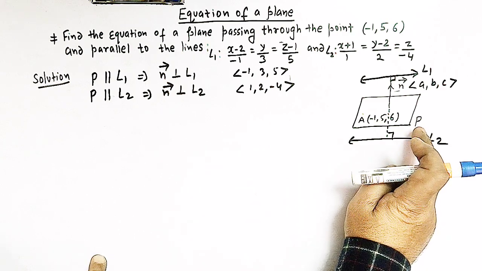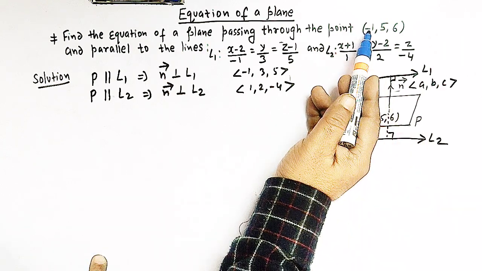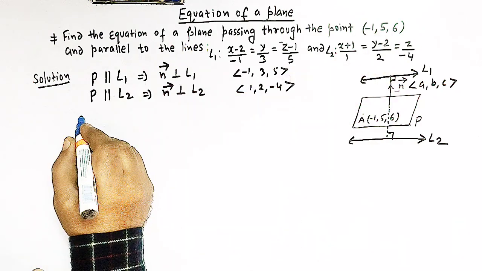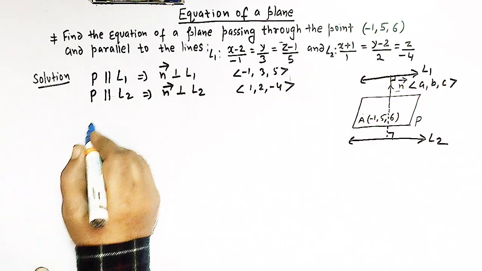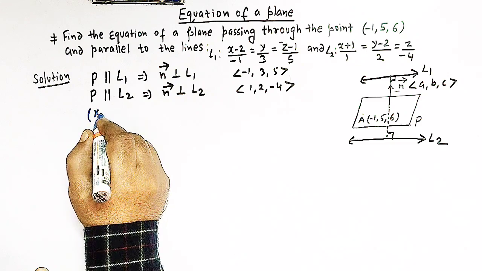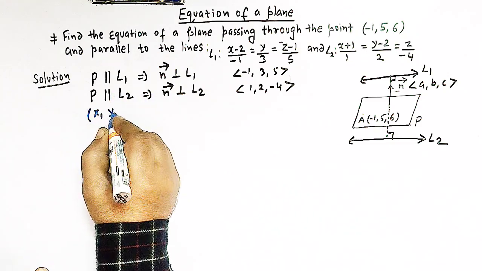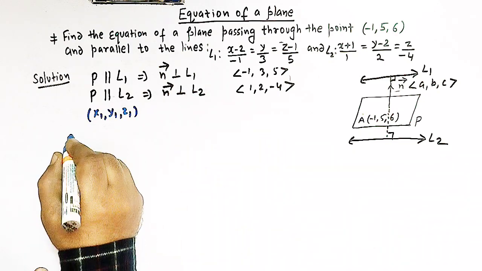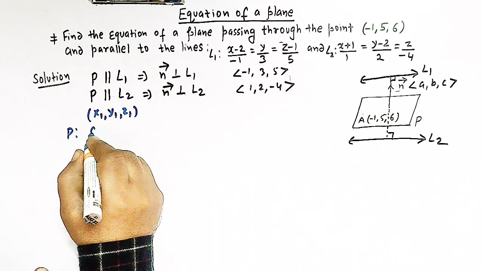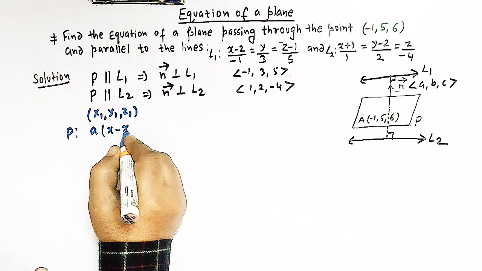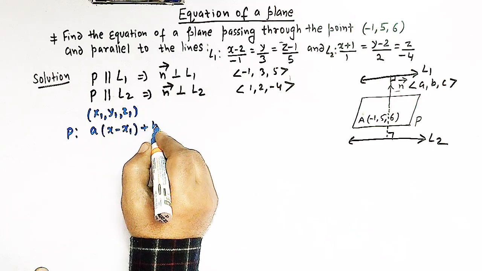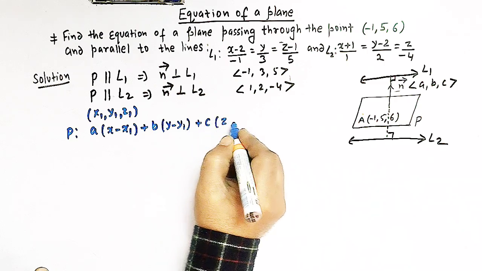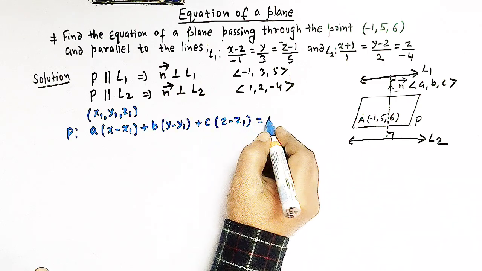Now this plane P passes through the point (-1, 5, 6), and we know that the equation of a plane which passes through a given point (x1, y1, z1) may be written as A times (x minus x1) plus B times (y minus y1) plus C times (z minus z1) is equal to 0.